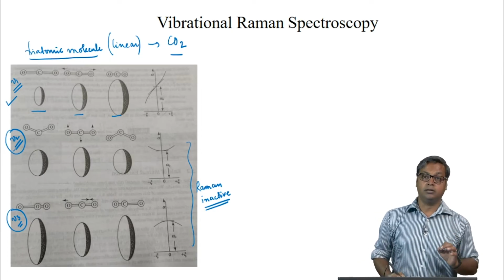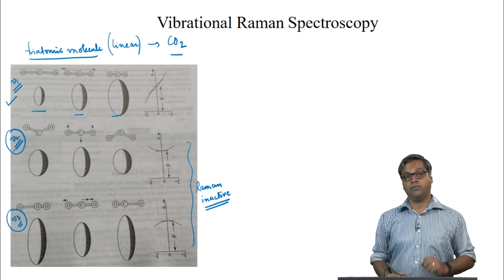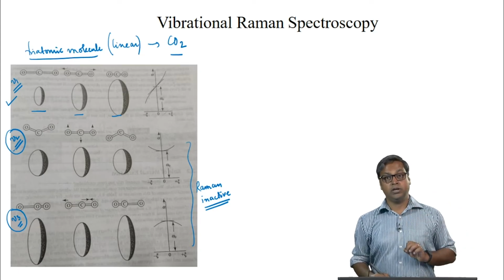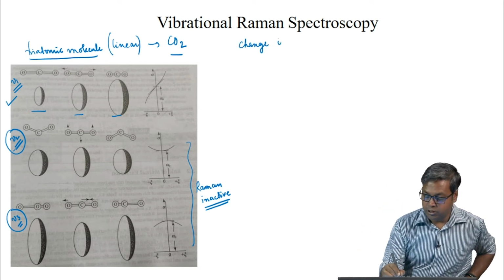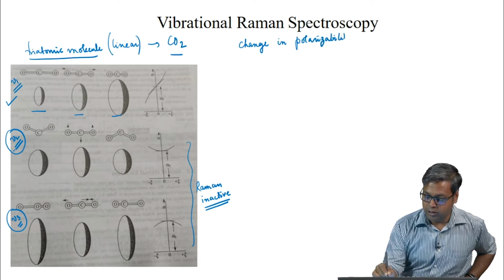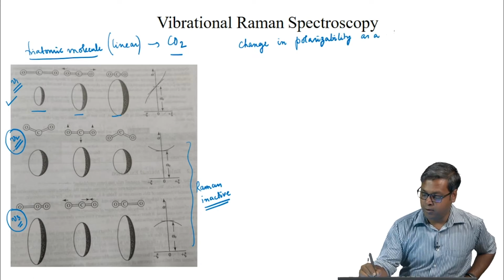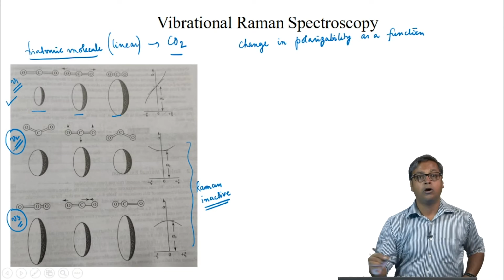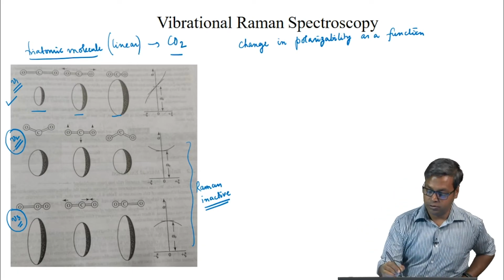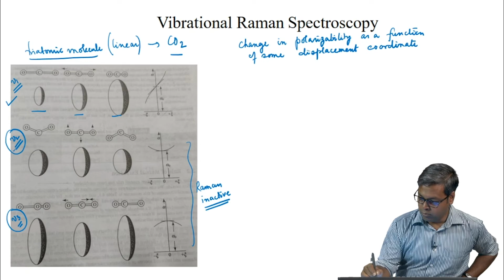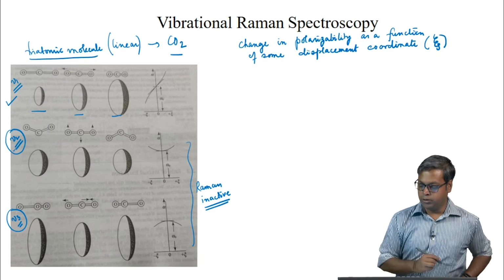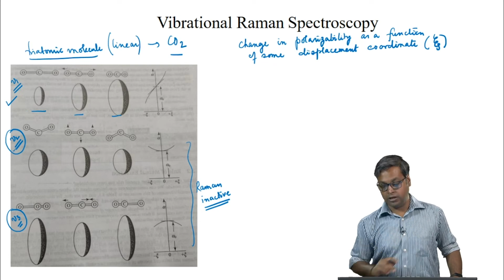But we need to consider these cases more carefully, and to do this, let us look into the change in polarizability as a function of some displacement coordinate. We will represent this displacement coordinate by xi.